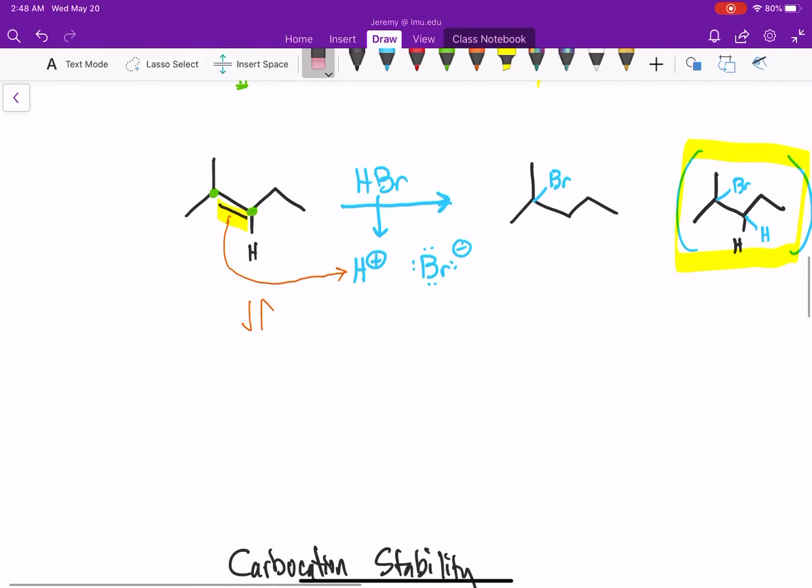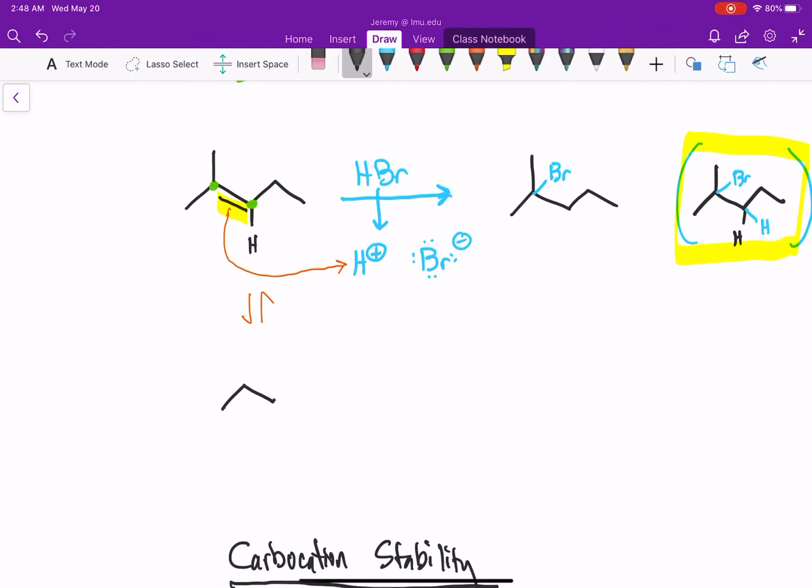So if we go back to our mechanism, we know we're going to add the H to the side where there's more H's, not because Markovnikov tells us, but because we're forming a more stable carbocation, a tertiary carbocation. So the first step in our mechanism, we can call this a protonate because we're adding a proton. So I'm writing the letter P.